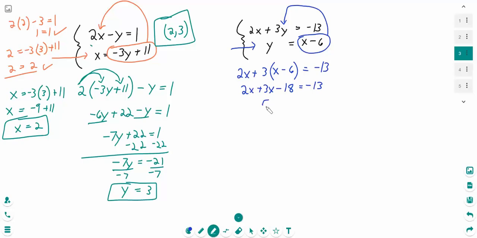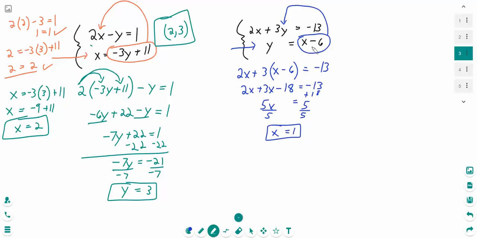We can combine to get 5x. I'm also going to move this 18 over to the other side and have a plus 18 over here. Plus 18 and negative 13 is going to give me a positive 5. Now I can divide out the 5 from both sides, and I end up with x is equal to 1. So that's part of our solution.